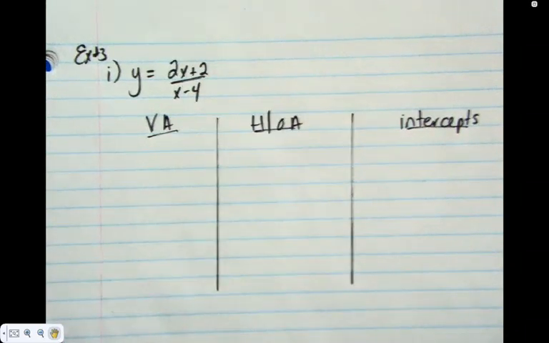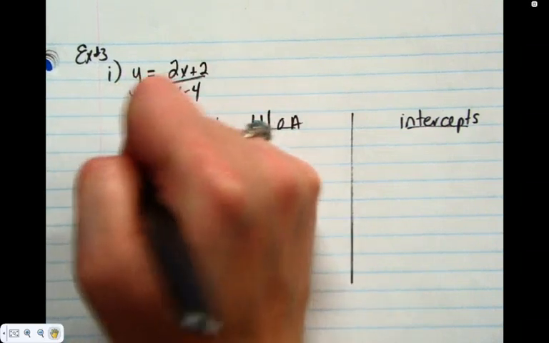How do we find vertical asymptotes? Dead silence, like I didn't teach you this 20 minutes ago. Factor anything you can. If you can cancel, it's a hole. If you can't cancel, it's a vertical asymptote. Can we factor the top?